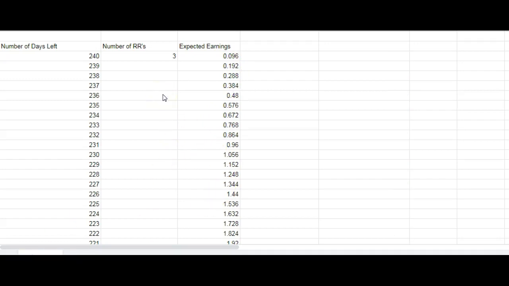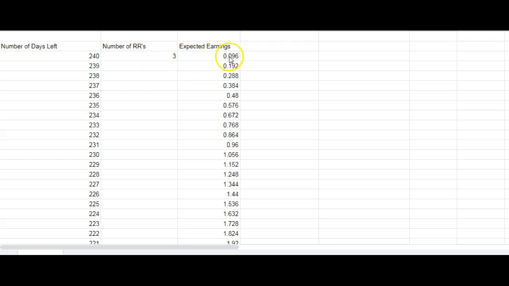Okay, so let me show you now what happens if you start to add extra rented referrals along the way and follow the particular pattern that I am suggesting. So you're starting off with at least 3 rented referrals, and all 3 of them are extended for 240 days.